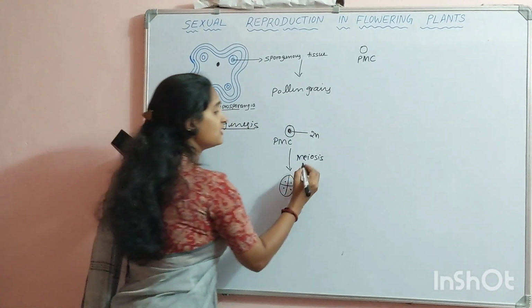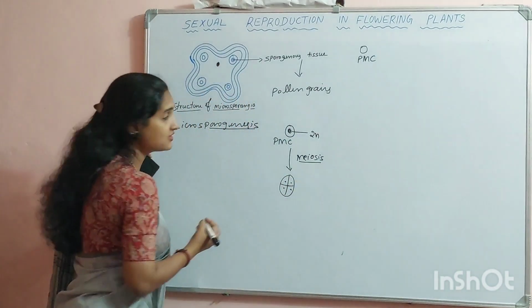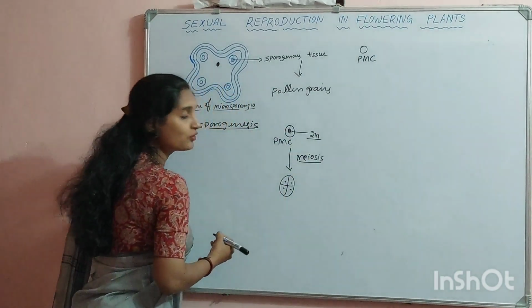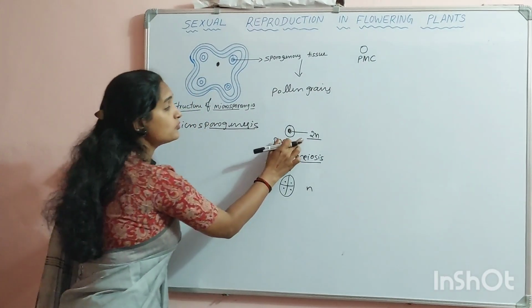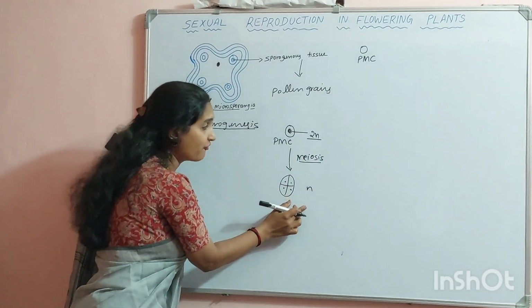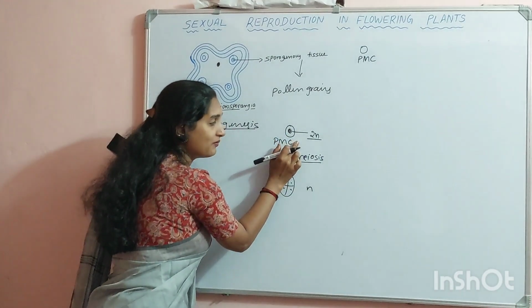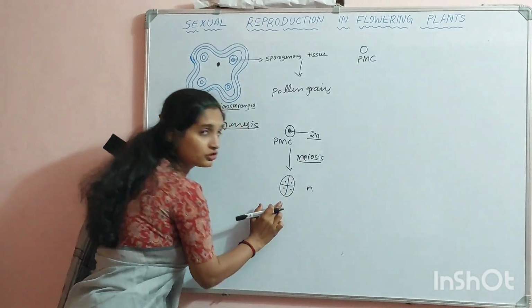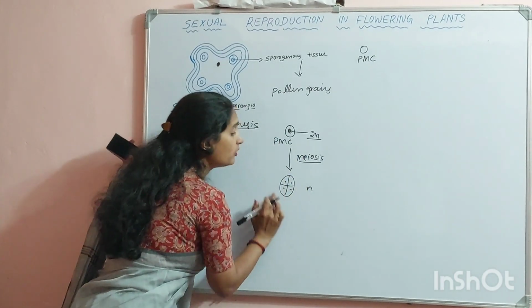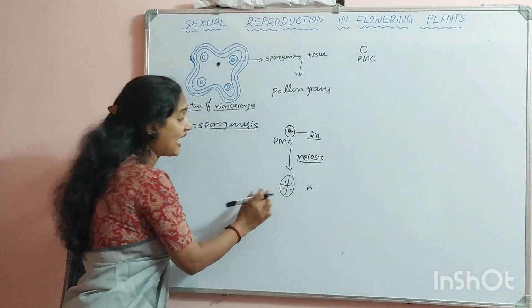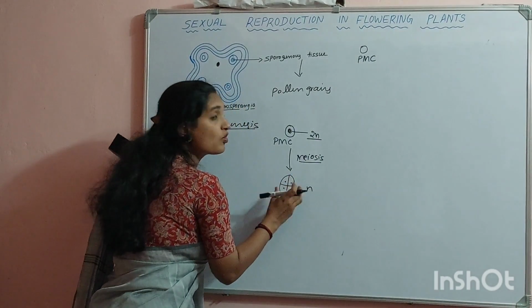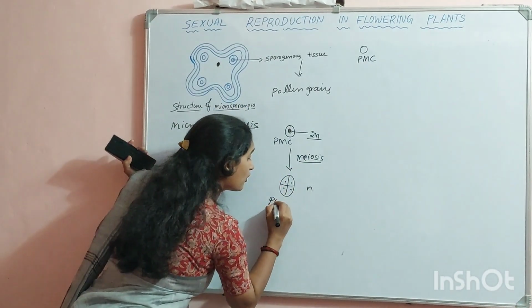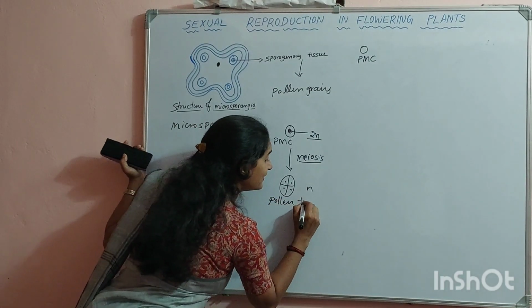During meiosis, the diploid number of chromosomes is reduced to haploid. The chromosome number reduces to half, and from one pollen mother cell, 4 microspores or 4 pollen grains are formed, and they are held together. They are formed in the form of a bunch of 4. This is called the pollen tetrad.